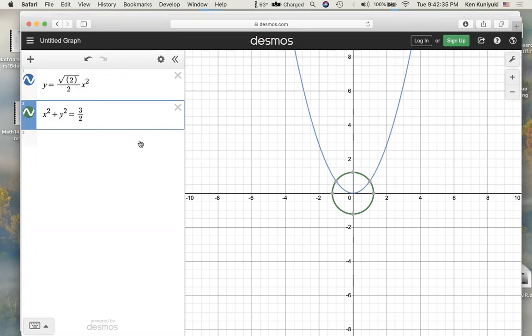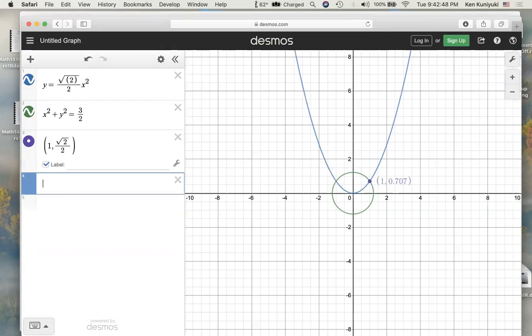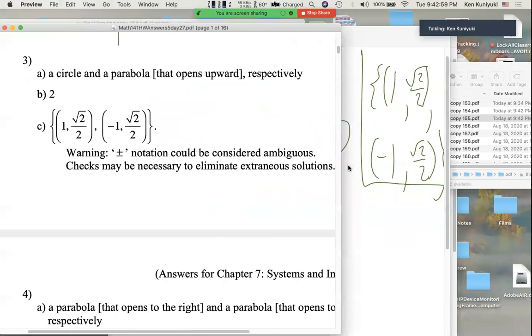One intersection point is 1 comma square root 2 over 2. That looks good. That's the approximation, 0.707 for root 2 over 2. Also, we have -1 comma square root 2 over 2. Those are the two intersection points corresponding to the solutions of the system.